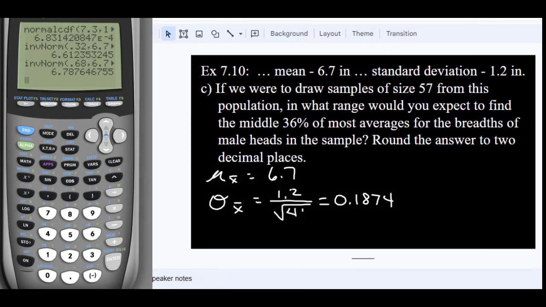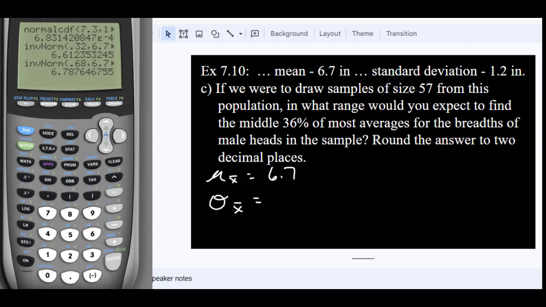For part C, if we were to draw samples of size 57 from this population, in what range would you expect to find the middle 36% of most averages for the breadths of male heads in the sample? So the question here becomes, what happens when we change the sample size from 41, which is what it used to be, to 57?